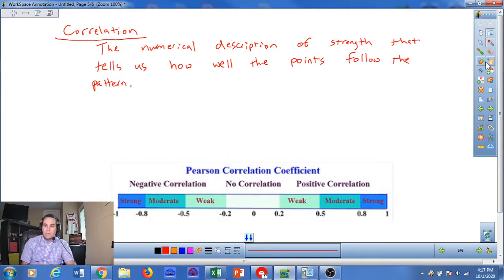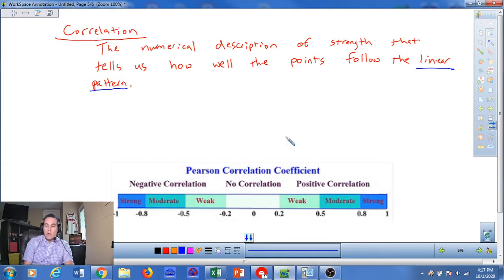How well the points, oh, sorry, I forgot, there's a key word here, the linear pattern. This is the key. If I left that out, I would be punished. Okay? Correlation is always telling us the strength of a linear pattern.